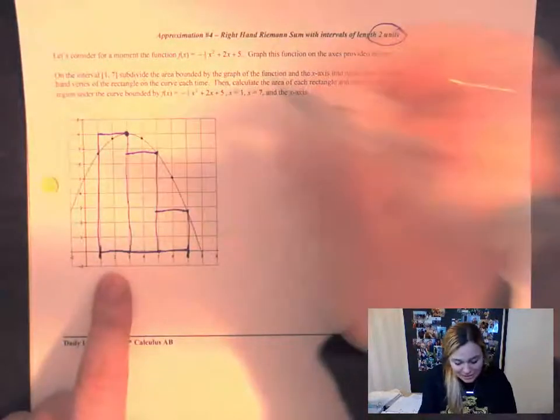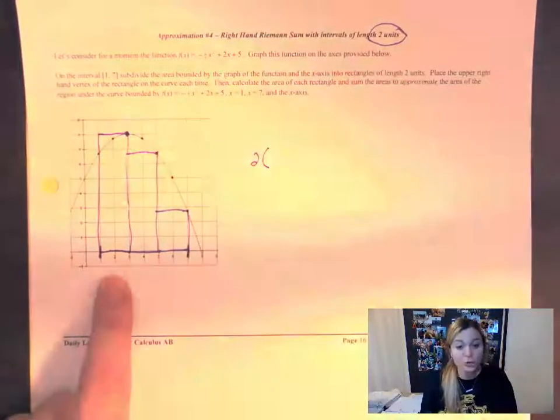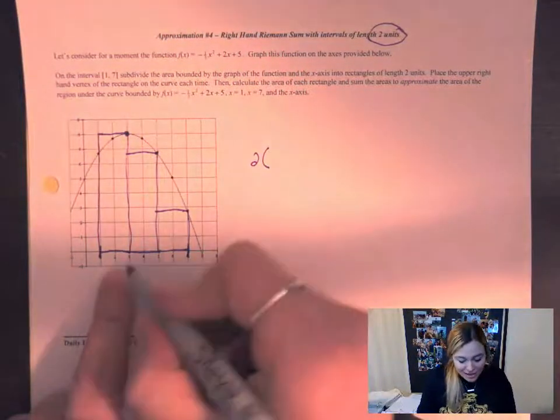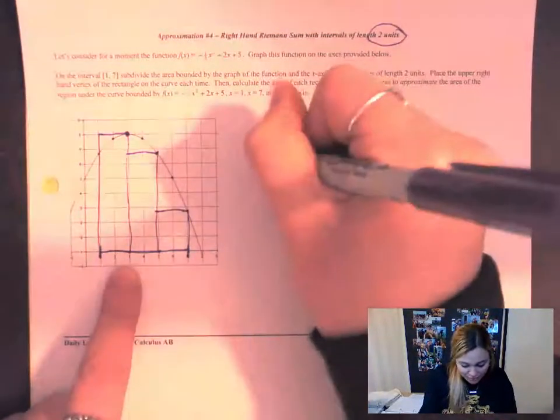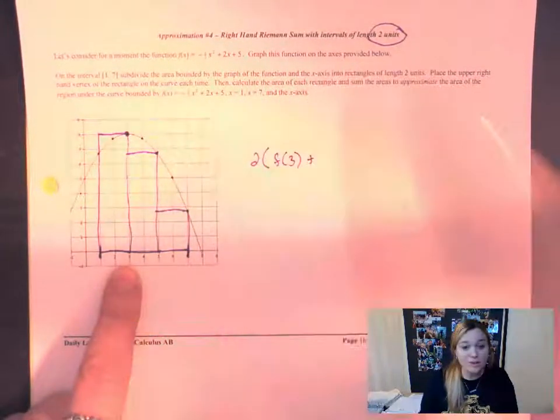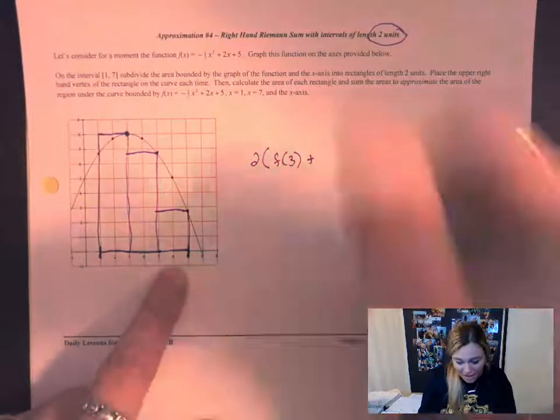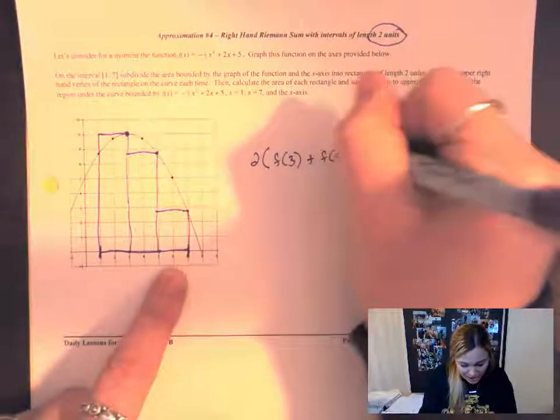So for this Riemann sum, the 2 is the base, and then the height would be, I would start with f of 3, and then it would be 2 times f of 5. So I'm just factoring out the 2 in the first place.